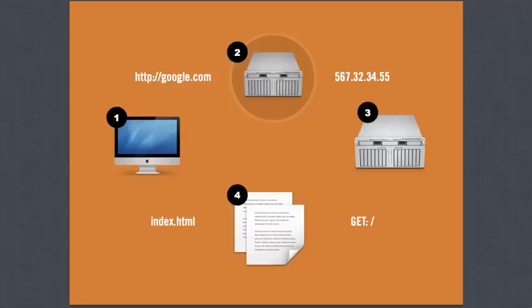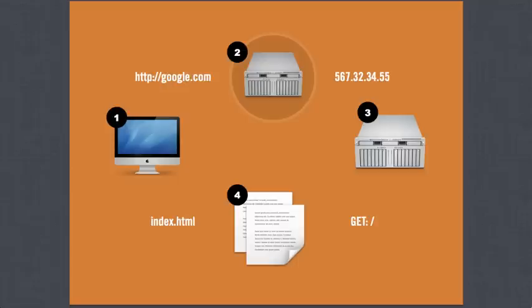So when you install a new server in your dorm room, or a new computer, that computer is assigned an IP address. Now, in the case of Michigan State, that IP address might change. It might be dynamic, but it's still an IP address. Your computer is specifically accessible at that address. So the first step in accessing a web page is getting our domain name translated into an IP address.